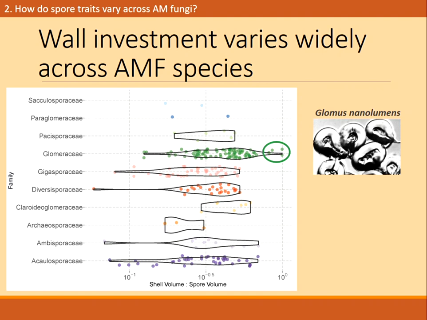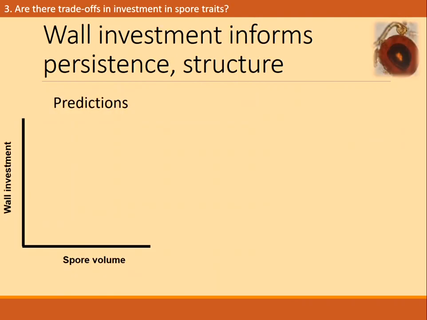And I mean, you can see how much of this spore is actually wall structure. So it's this little spore that invests a huge amount in the wall. It is the Helm's Deep of AM fungal spores. It's just a huge fortress protecting a small amount of resources. So it was really cool to see just this variation across AM fungi.